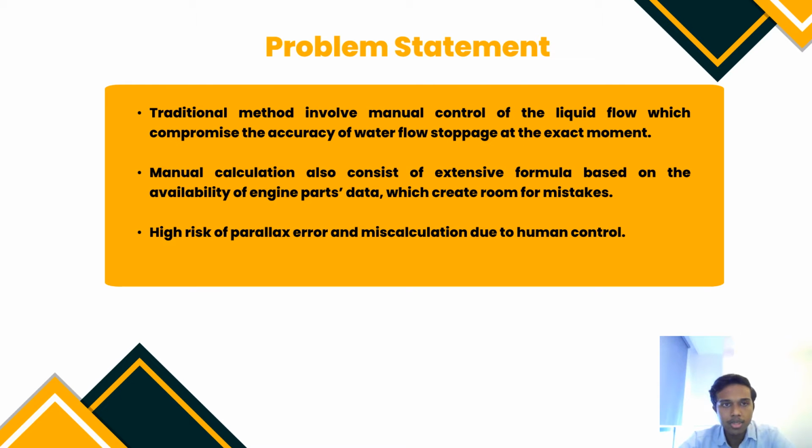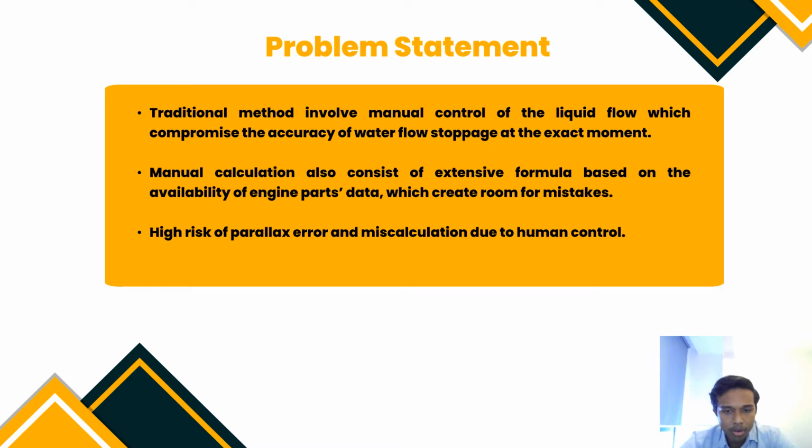So the problem statement is that the traditional method involved manual control of the liquid flow from the burette into the cylinder head, into the combustion chamber, which compromised the accuracy of stopping the water flow at the exact moment. Second is the manual calculation, which consists of extensive formulas based on the availability of engine parts data.